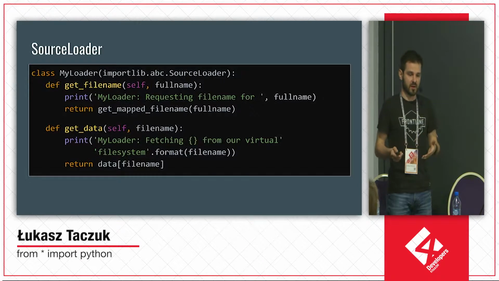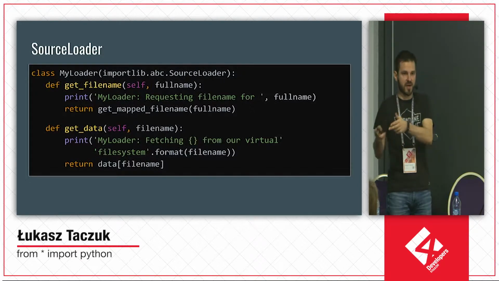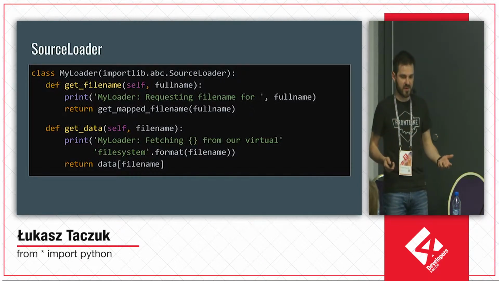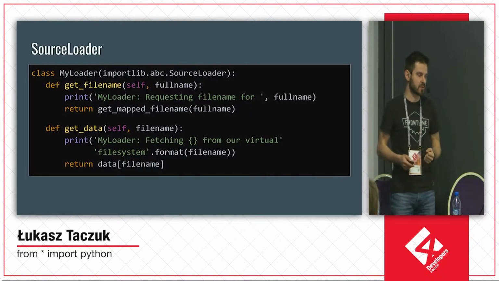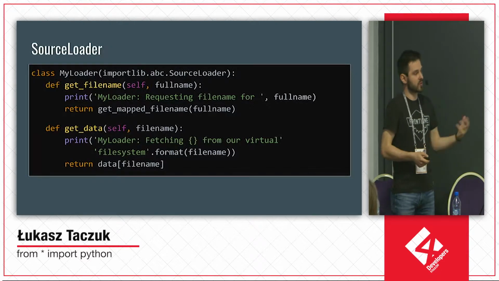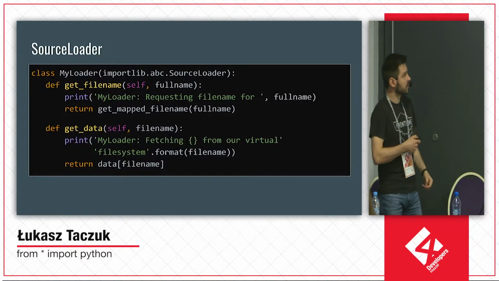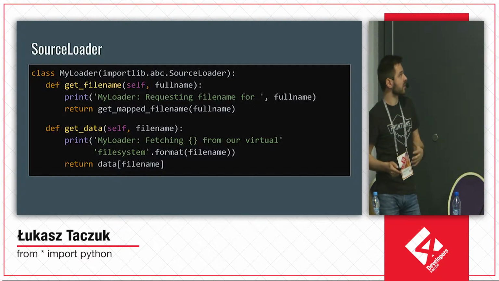Otherwise, if you have a module name.py file in your virtual file system that you want to expose, then it's a module. So you get the full name of the module, and then you return the file name that will then contain the data that you want to execute.